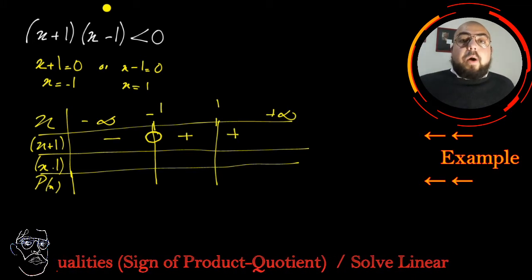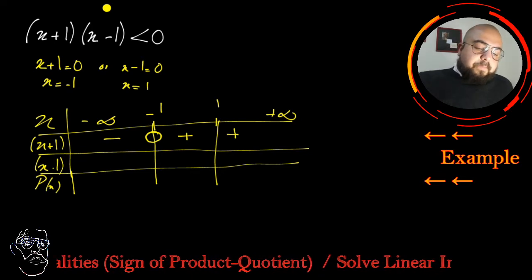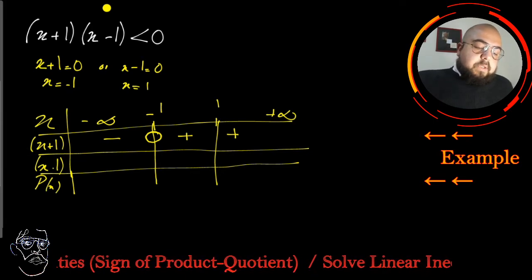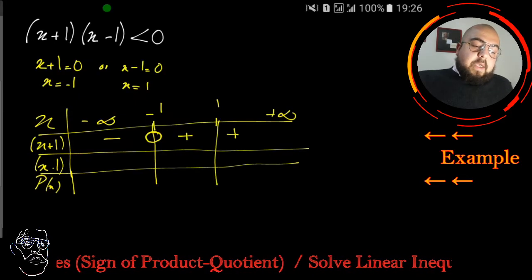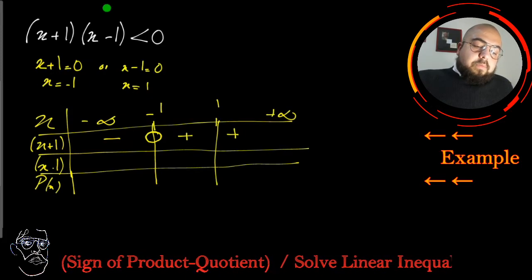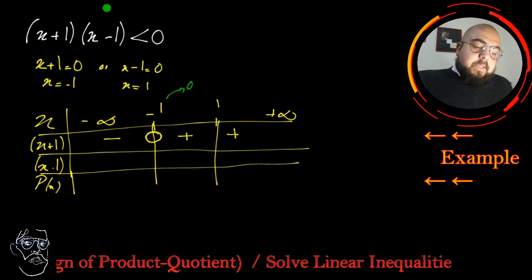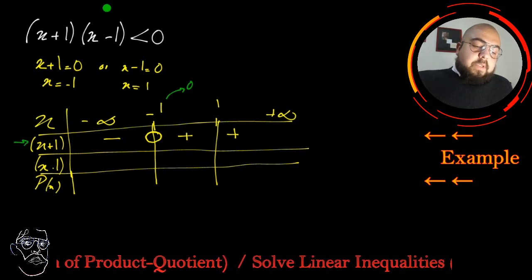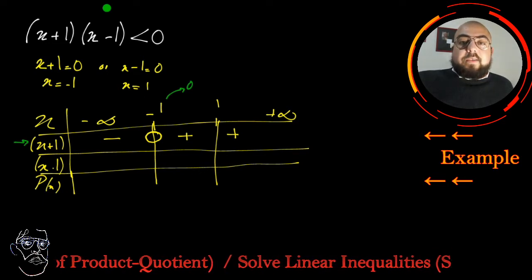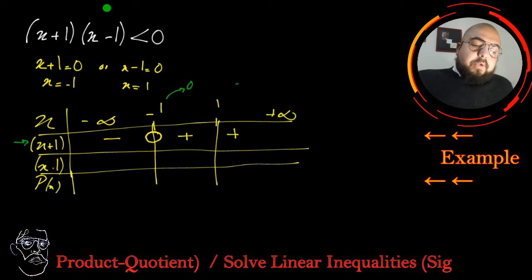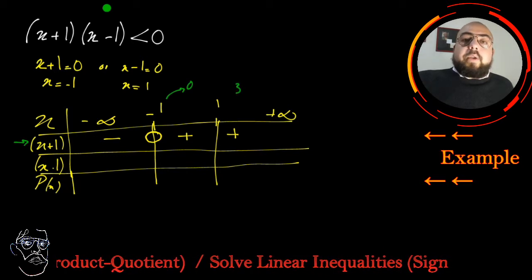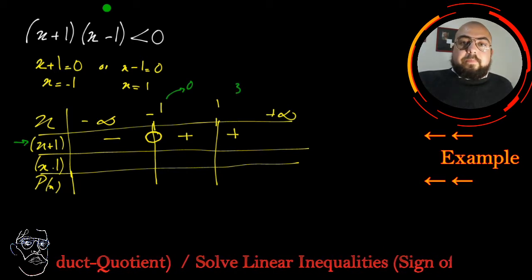How do I know about the sign? Very simple. Let's choose a certain value of x greater than minus 1. Let's say it was 0, and replace 0 in this factor. 0 plus 1 is 1, it's positive. Let's take another value, 3. 3 plus 1 is 4, it's positive.